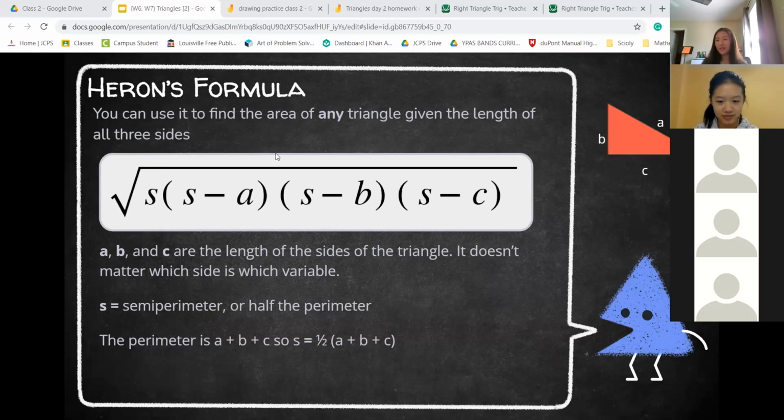If you look at the red triangle, I could have made the longest side C instead of A. And S is the semi-perimeter, which just means half. So half of the lengths combined, so it'd be half of A plus B plus C.